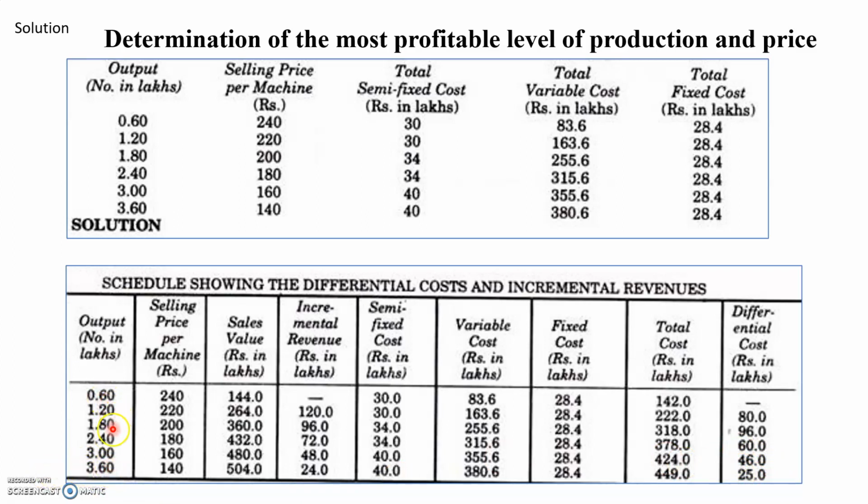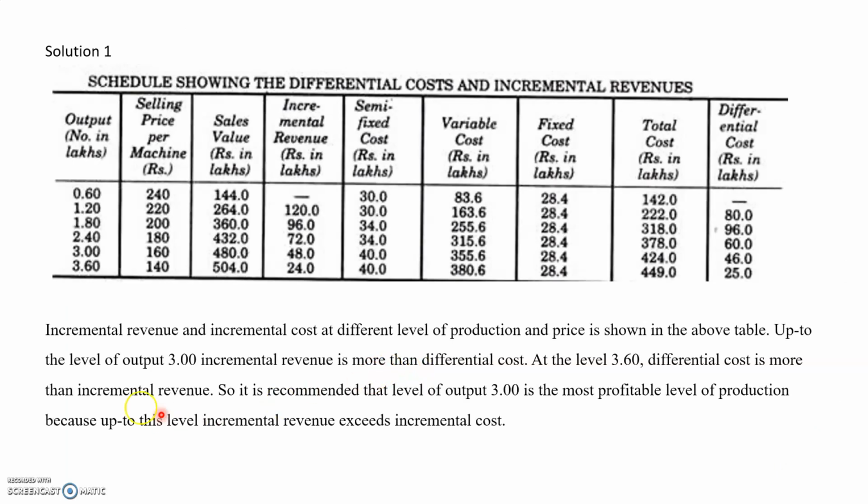So you can increase the level of production up to 3 lakh units, because up to this level incremental revenue keeps more than incremental cost. Incremental revenue and incremental cost at different levels of production are shown in the above table.